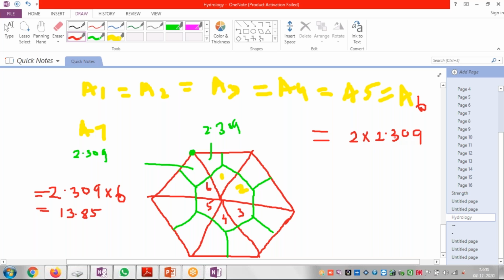How much will it be? 4.618. Are you getting the same answer? Yes, 4.618. So this is from area A1 to A6, and A7 is 13.85. Now, the same calculation is given here.